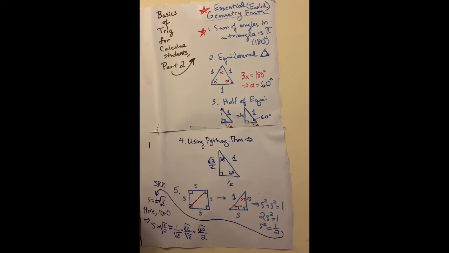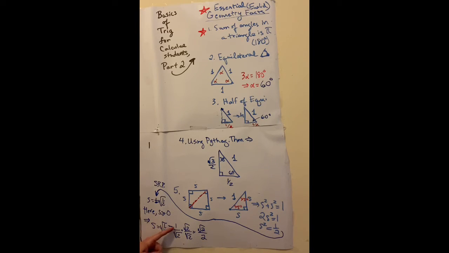Coming back, you should have been using the square root principle again. We end up getting s is equal to plus or minus the square root of a half. But here, because in this application s is a length, we've got to have s greater than or equal to 0. So s is equal to the square root of a half, which is the square root of 1 over the square root of 2.